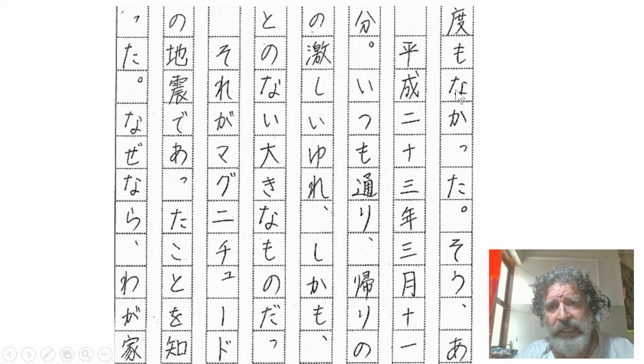This is a kanji. Okay, and then you have Heisei 23 nen. All of these are in kanji. And Heisei 23 nen is the year 23 of the Heisei era.